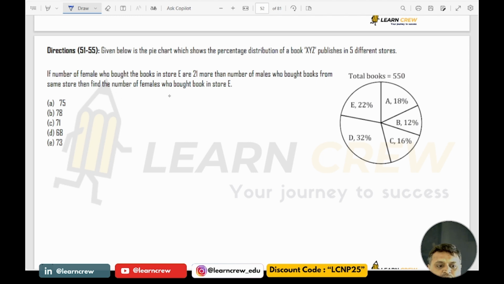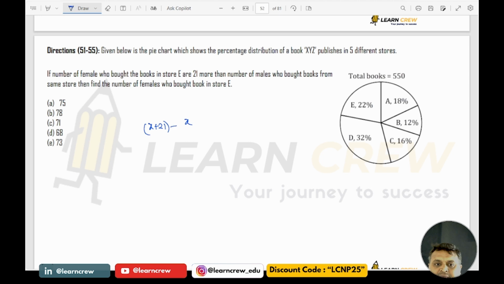Then find the number of females who bought the books. So here it is given number of males who purchased the books in store E. If it is X, females would be X plus 21.